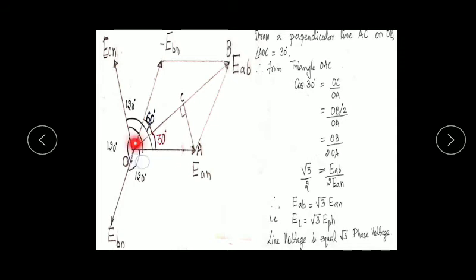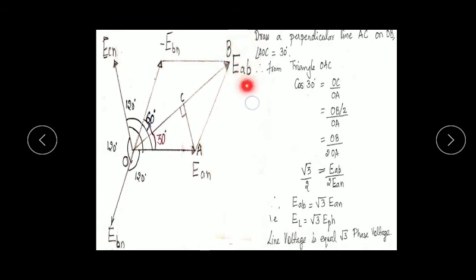So this is my EAN, EBN, ECN. Now I have EAB is equal to EAN minus EBN. So I'll draw EBN to the next end. Now I'll join these two. This is minus EBN, this is EAN. So what is EAN minus EBN?